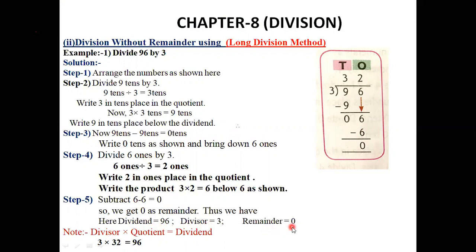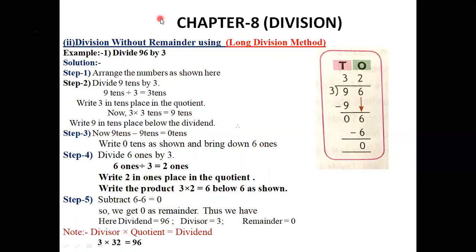Now if you want to check your result once again, then when we multiply divisor into quotient, we should get 96 as the dividend. Here 3 is the divisor and 32 is the quotient.